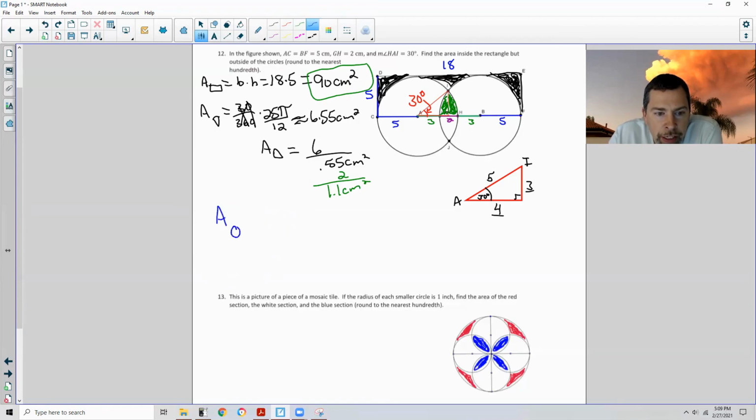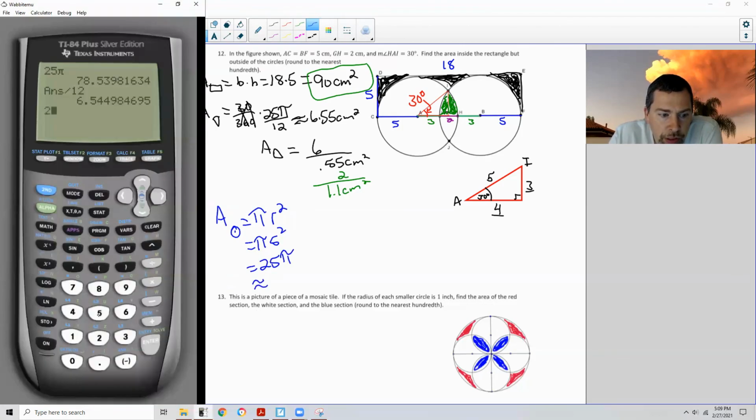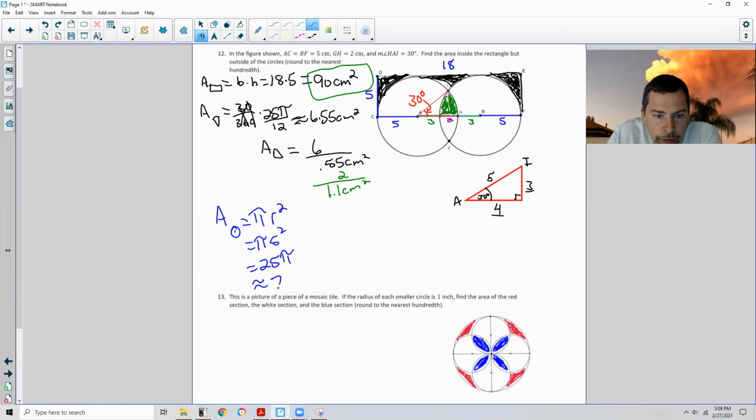But the area of a circle equals pi r squared, and that would be pi times the radius 5 squared, which equals 25 pi, which is an approximation of 78.54 centimeters squared. So that's one whole circle, but I'm counting this piece twice. So I'd have to take 78.54 and subtract 1.1 from that, which would be 77.44 centimeters squared.